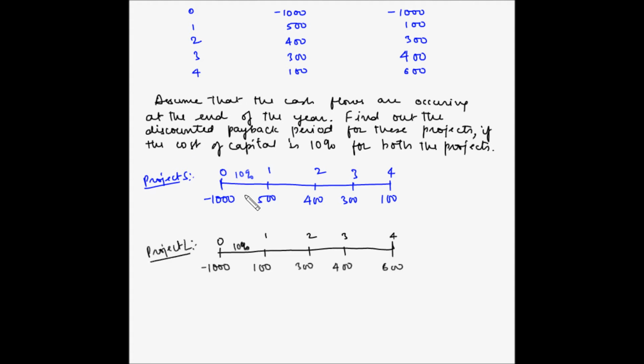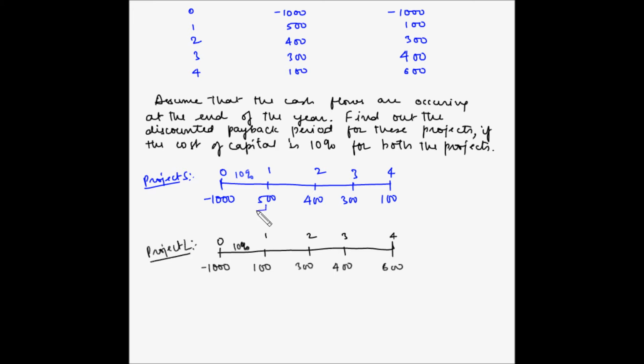So on the screen you can see the time scale for both the projects, project S and project L. Now, since the initial investment is as of today, we should bring all these other cash flows to a value as of today.